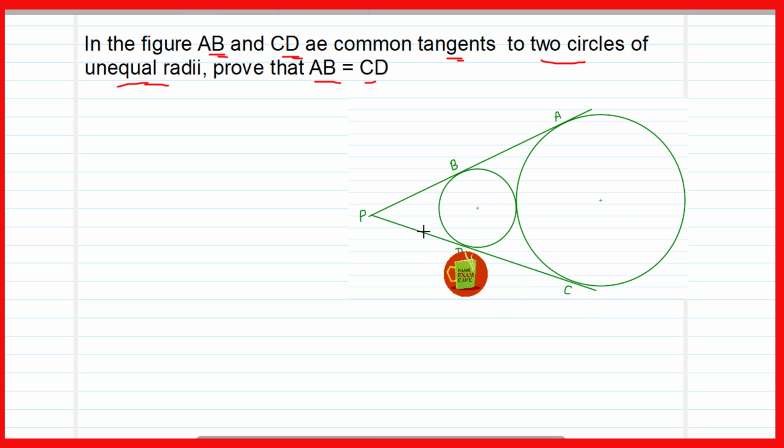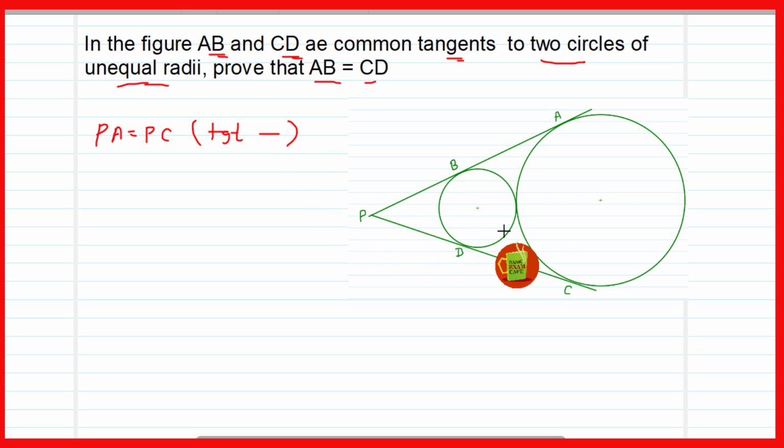Very simple. We know that P is the exterior point, and the tangents drawn from the exterior point to the circle are equal, and therefore PA is equal to PC. The reason: tangents drawn from the exterior point to the circle are equal.